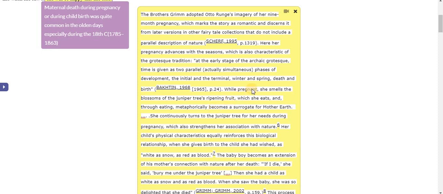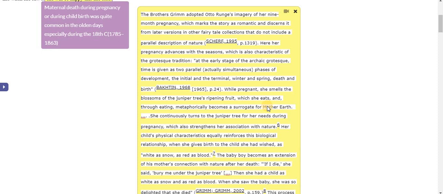Now, while pregnant, the woman smells the blossoms of the juniper tree and the ripening fruits, which she eats, and through eating, metaphorically becomes a surrogate for Mother Earth. That is, during the pregnancy, the woman consumes the fruit from the tree, and by consuming it she provides nutrition to her child.